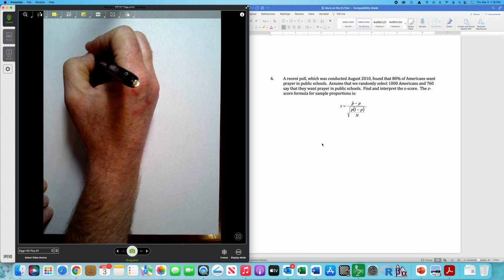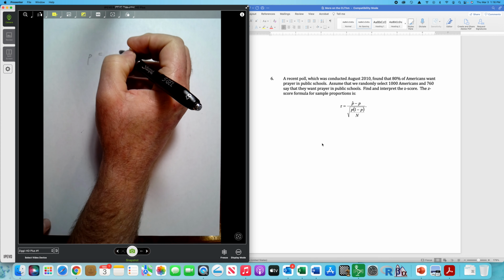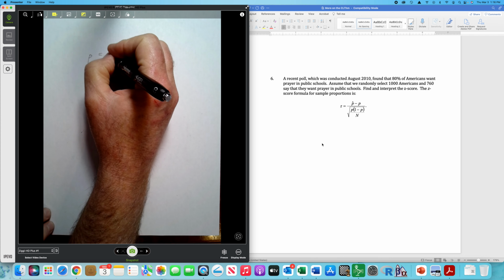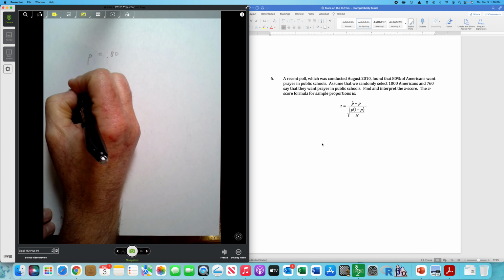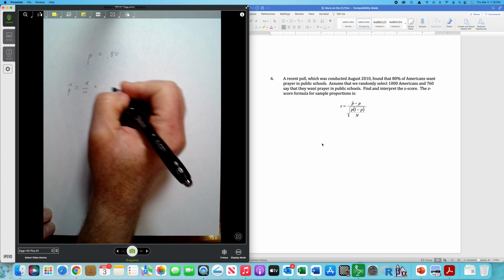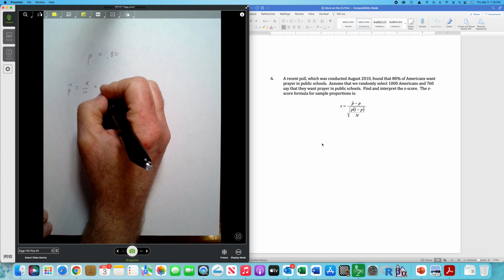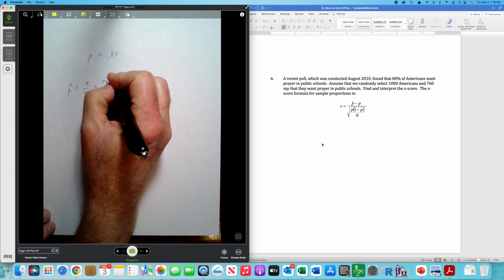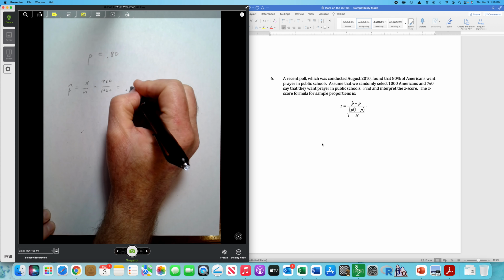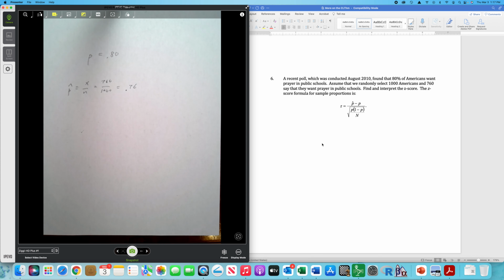So I know that in this problem the P is the statement about all people, so that's going to be 80%, 0.80. I know that my P hat is going to be from my sample, X over N. So it looks like they sampled 1,000 Americans and 760, which is going to be 0.76, state that they want prayer in public schools.